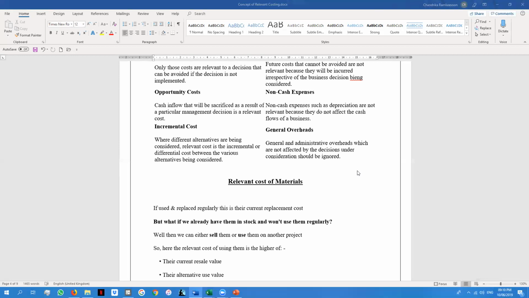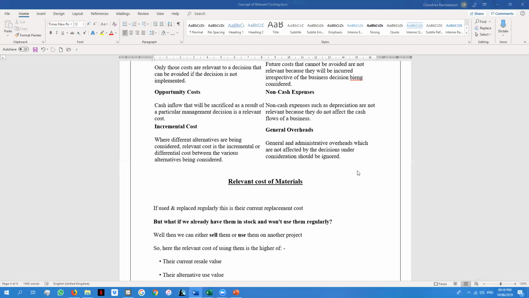The student really has to think it through. It's not as straightforward as say fixed cost. It's even not as straightforward as determining the relevant cost of labor. Although labor has its rules as well, there aren't as many variations as with materials.